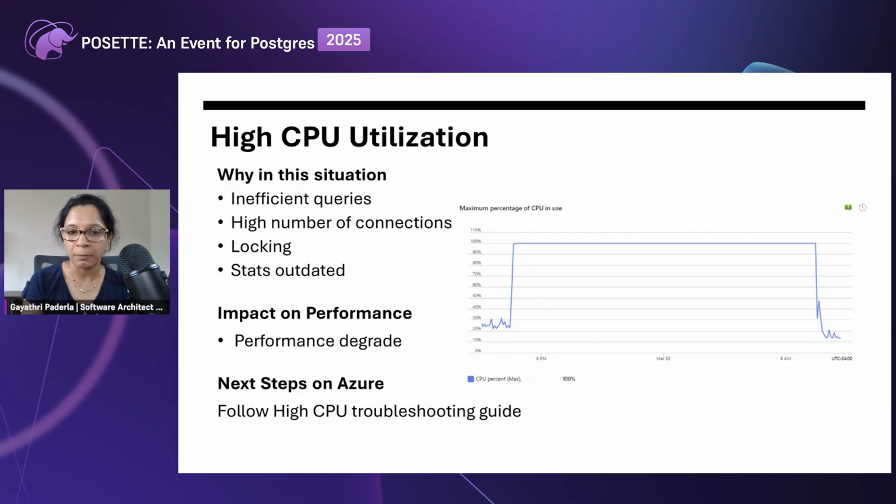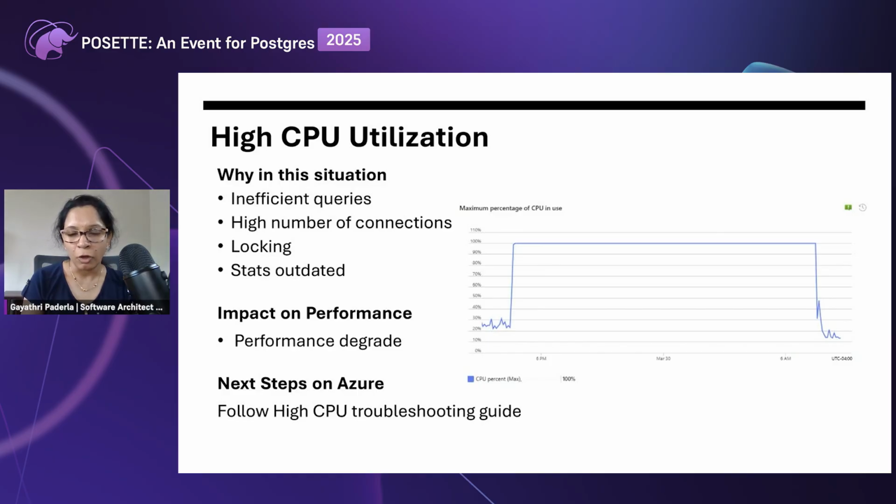We walk you through the CPU troubleshooting guides, where we identify different scenarios, like identifying the top 5 slow running queries which are utilizing your CPU. You could go through the queries and optimize them. We walk you through how many connections are happening on the server so that you can plan accordingly and not hit as many connections.